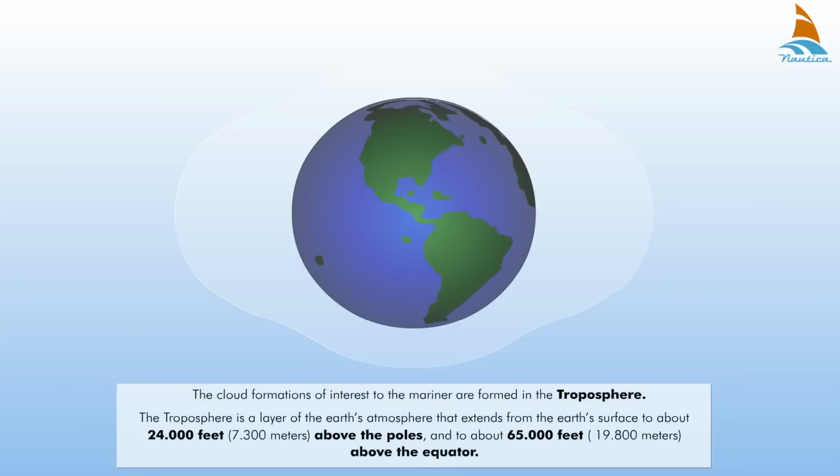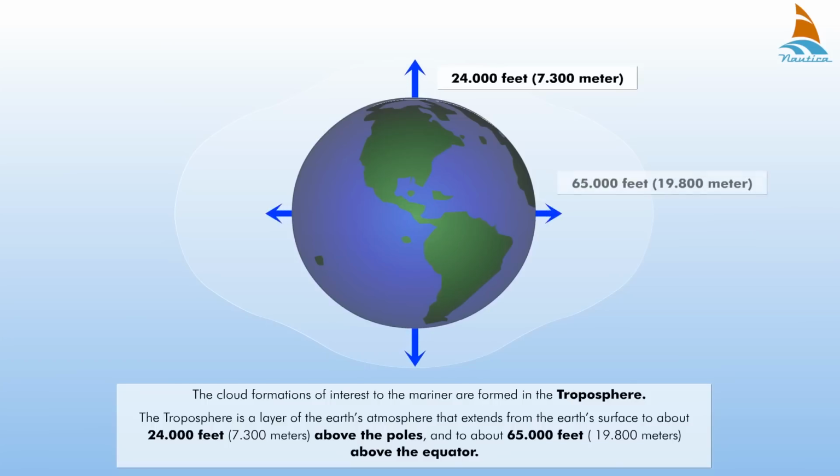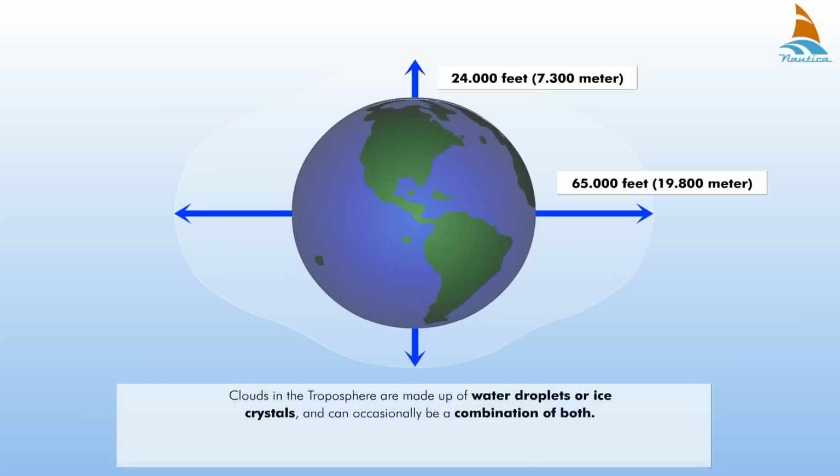The troposphere is a layer of the Earth's atmosphere that extends from the Earth's surface to about 24,000 feet, 7,300 meters above the poles, and to about 65,000 feet, 19,800 meters above the equator. Clouds in the troposphere are made up of water droplets or ice crystals and can occasionally be a combination of both. The consistency of clouds always depends on the temperature.